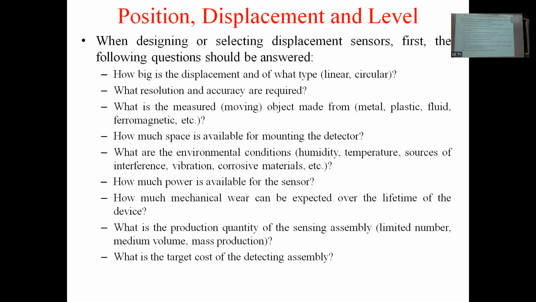So again it depends upon the material and the application where we want to use it. What is our stimulus, what do we want to sense: a plastic object, a fiber object, a metal object or a fluid. Then, how much space is available for mounting the detector.